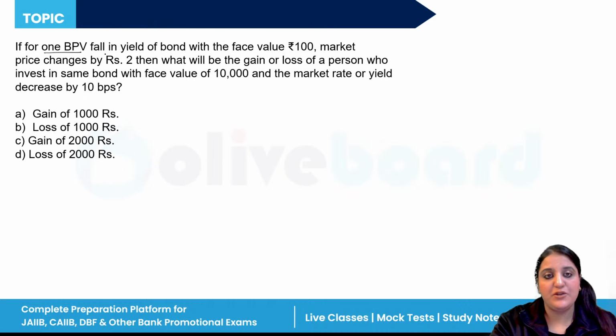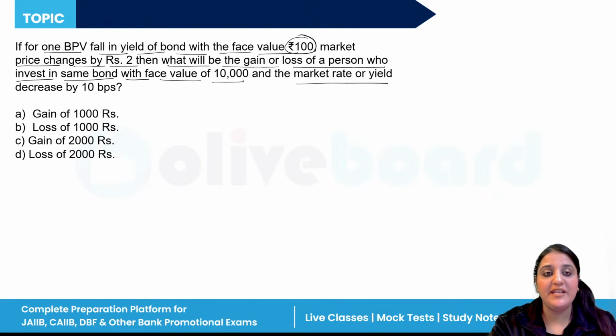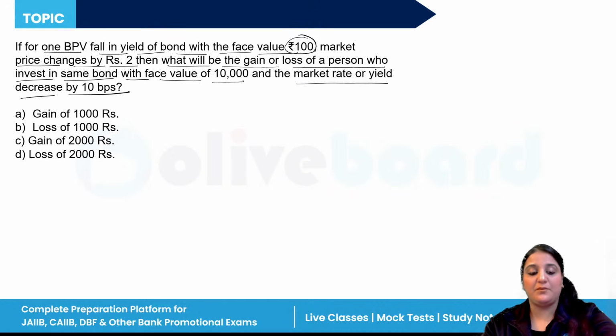Basis point value: for a fall in yield of a bond with the face value of rupees 100, the market price changes by rupees 2. Then what will be the gain or loss of a person who invests in the same bond with face value of 10,000 and the market rate or yield decreases by 10 basis points?